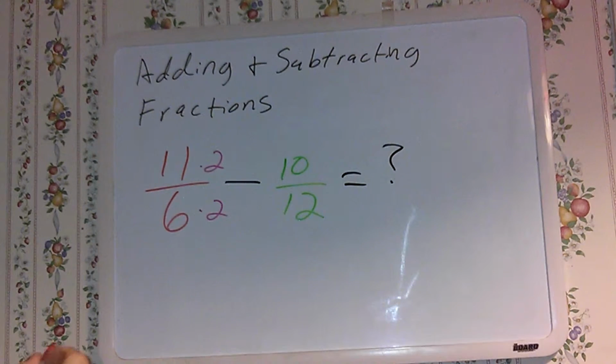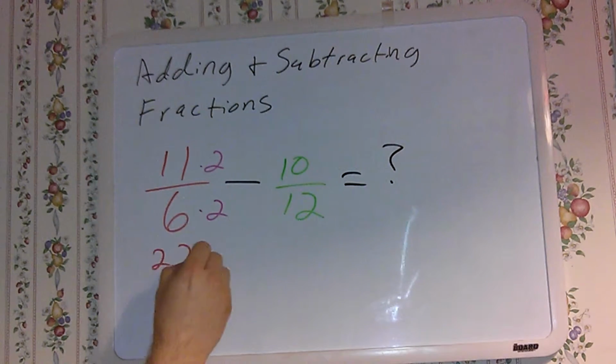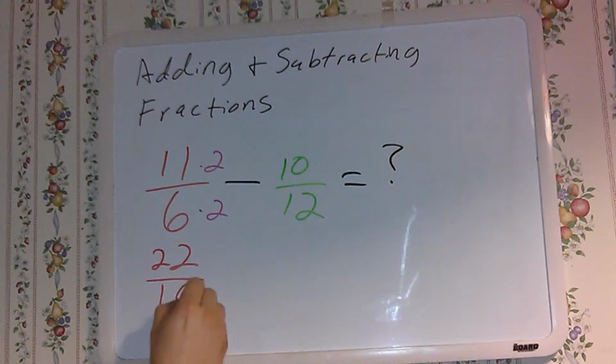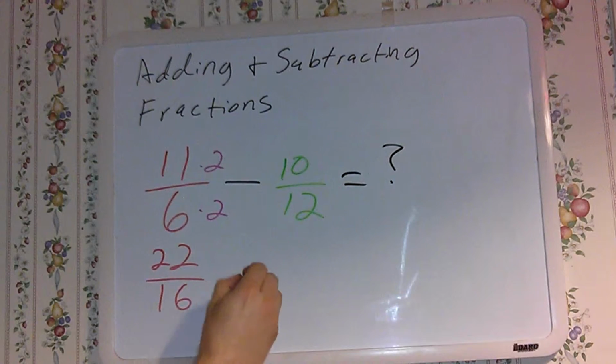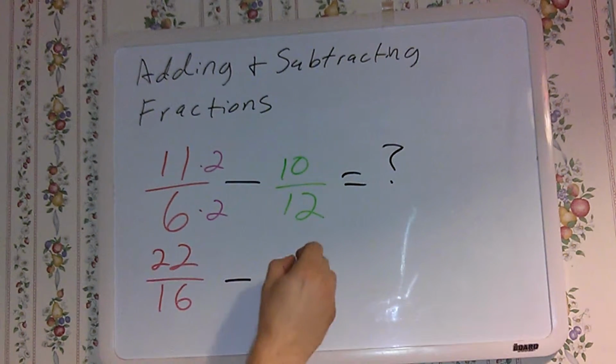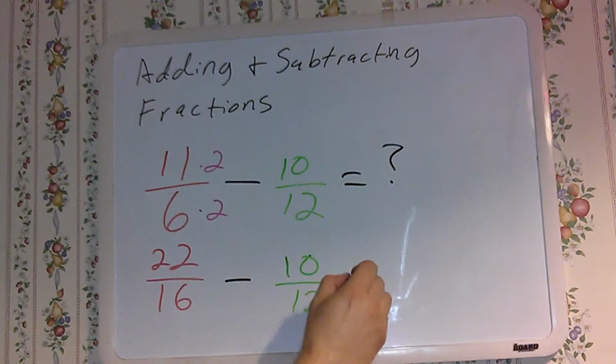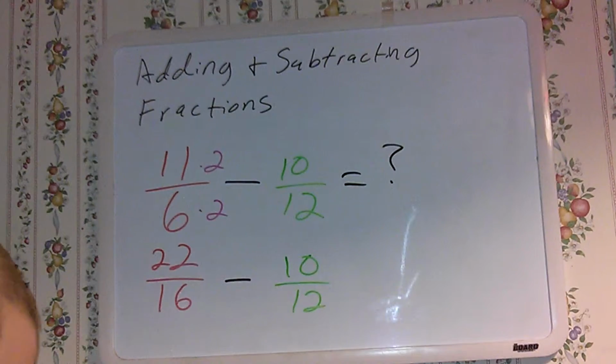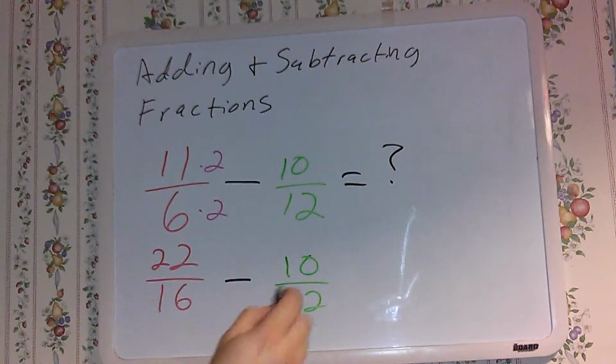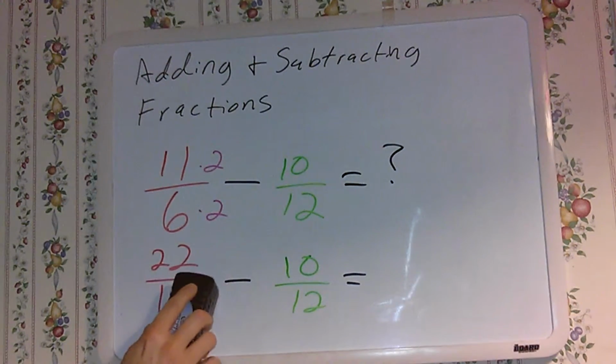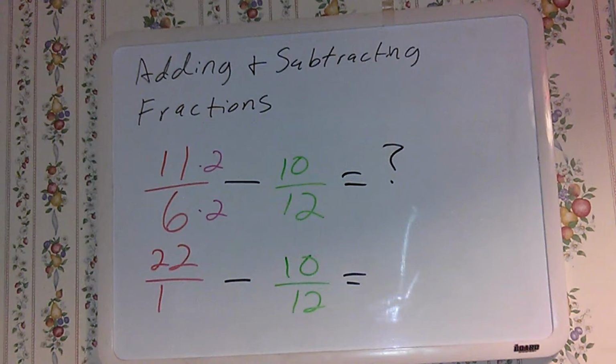So, 11 times 2 is 22, and 6 times 2 is 12. All right, now we've got our bottoms, our denominators. I'm sorry, that should have been a 2 right there. My mistake. That really is 12.